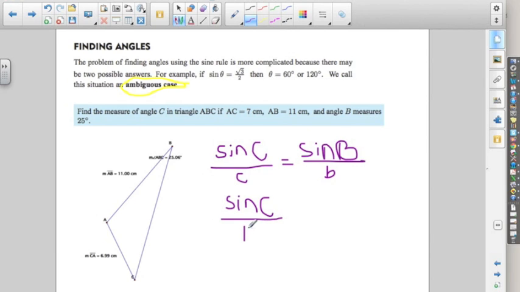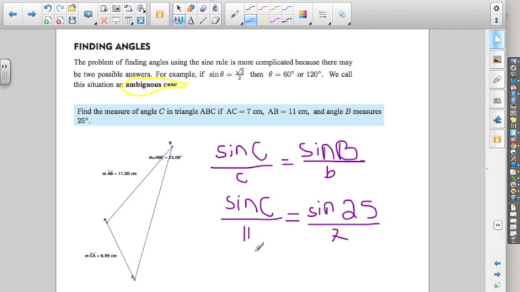Side C is 11. And side B is 7. And now I can solve for angle C.